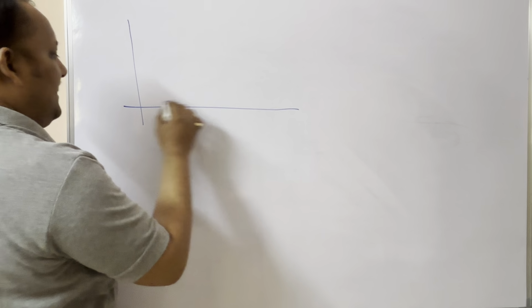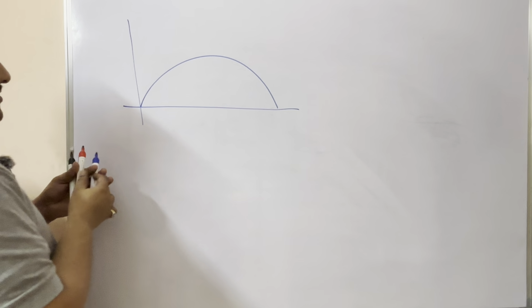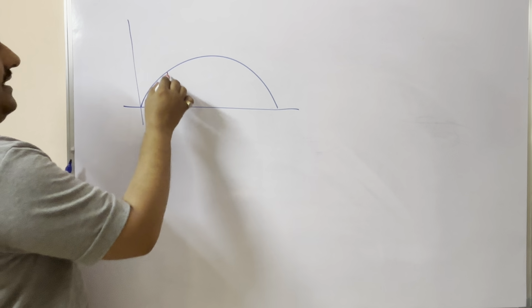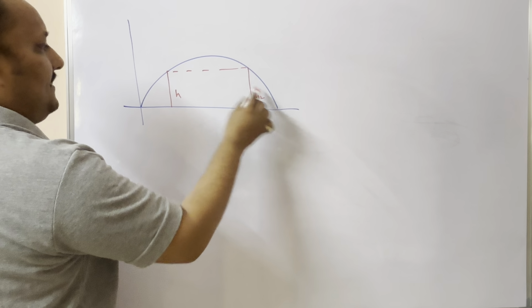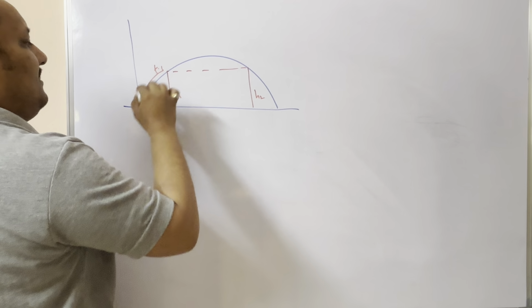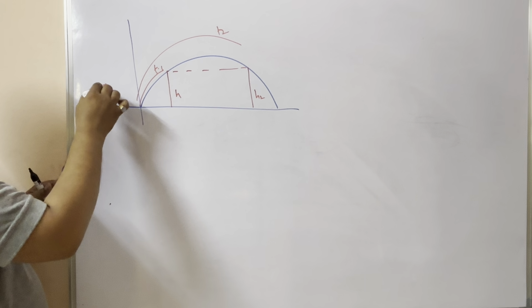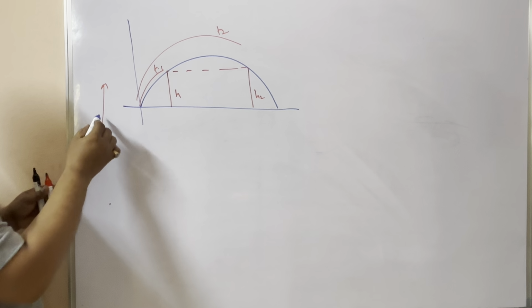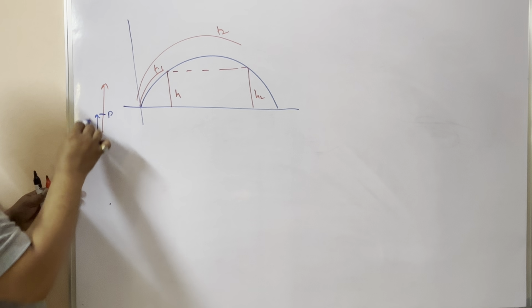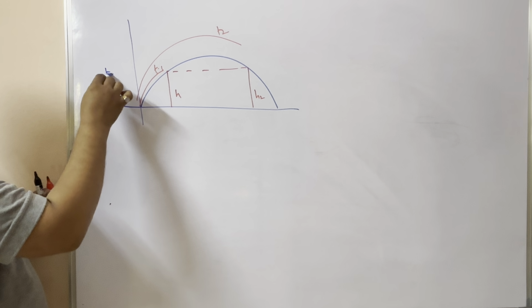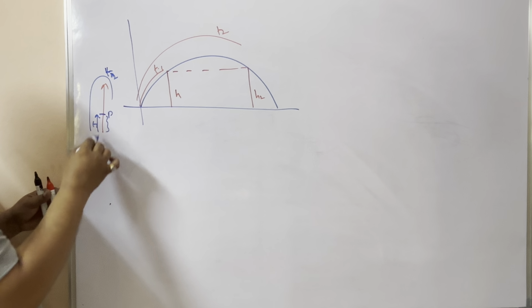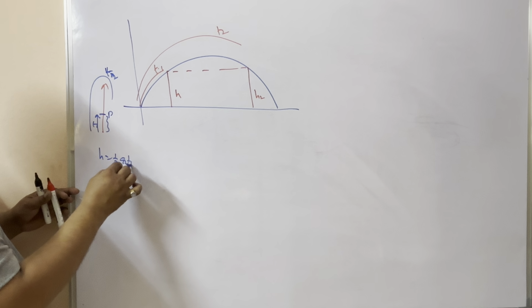Next, if the body is at the same height at 2 times, they are going to ask this type of question. H, T1, T2. In a vertically projected body also, it is going to cross a point P 2 times, T1 and T2. So this H is going to be half g T1 T2.